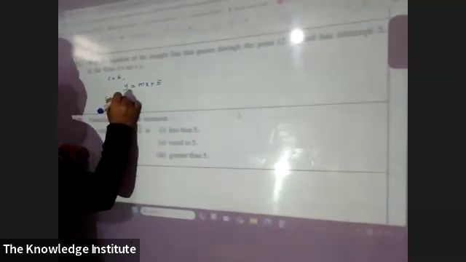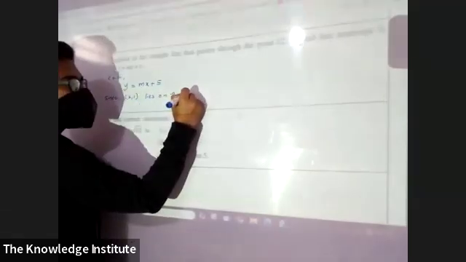Do you agree? Since (2, 1) lies on the line, this point should satisfy this equation.